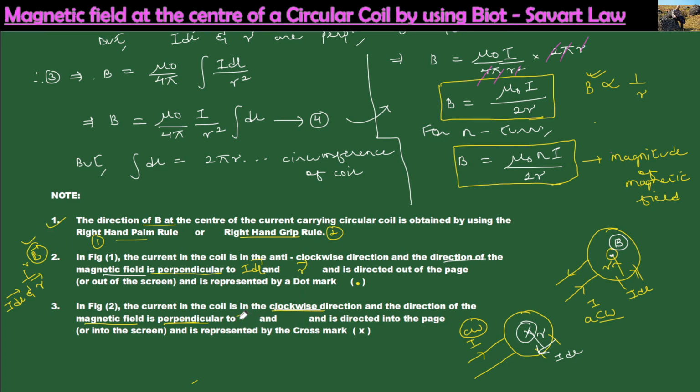If it is in your page or paper, it will be directed into the page. If you are looking at the screen, the direction of DB will be into the screen, and it is represented by the cross mark. In the former case, the direction of B is directed out of the page or out of the screen.